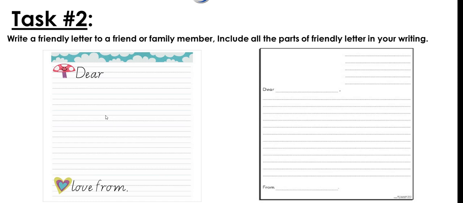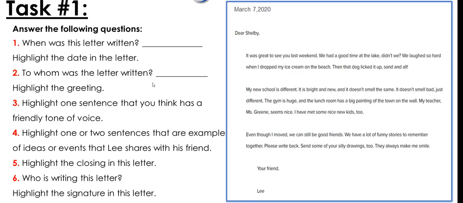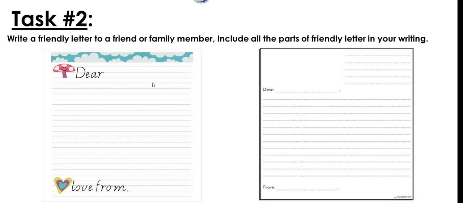I would really like to see your letters, guys, so that I can check them, and if there are any mistakes, I can help you fix them so that you'll be ready for your writing test next week. But it's completely up to you if you want to do task number 1 or task number 2.